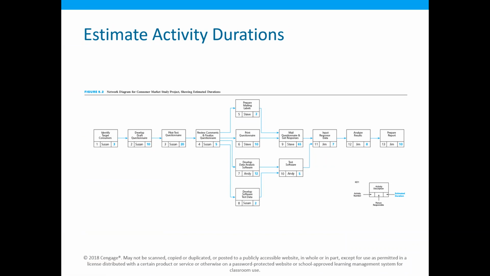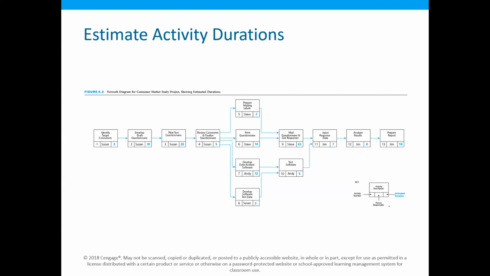So for that purpose, we can create the network. Okay, but normally networking and scheduling are done simultaneously, at the same time. But for finding at what time the activity can start and the activity can finish, we need to determine the duration of the project.